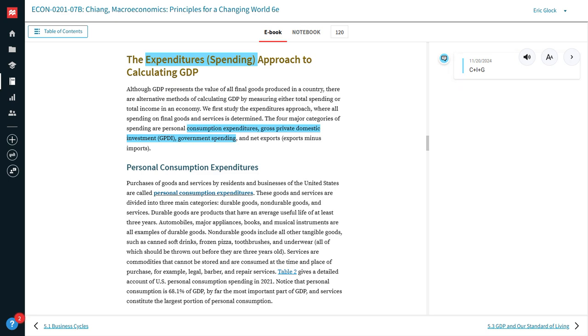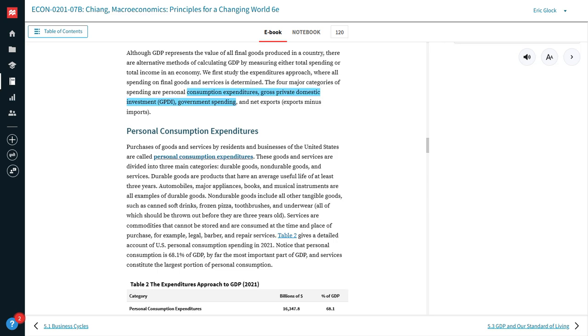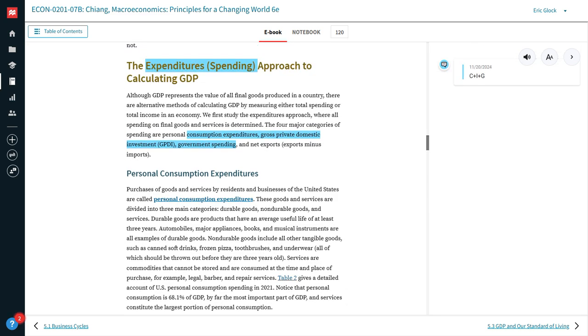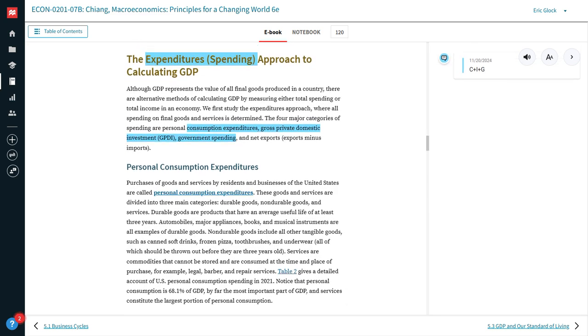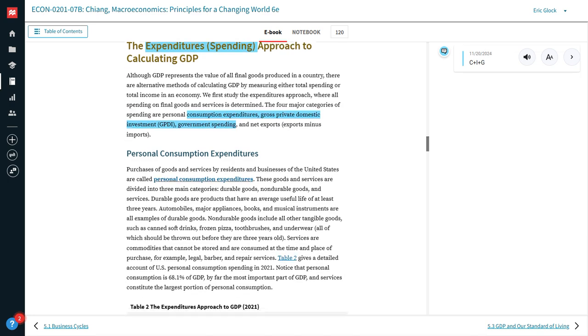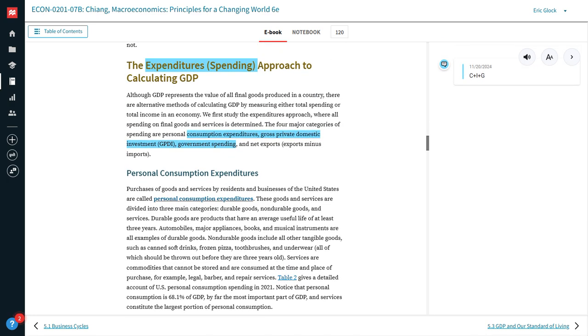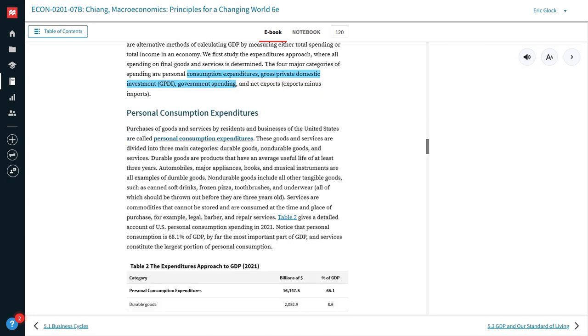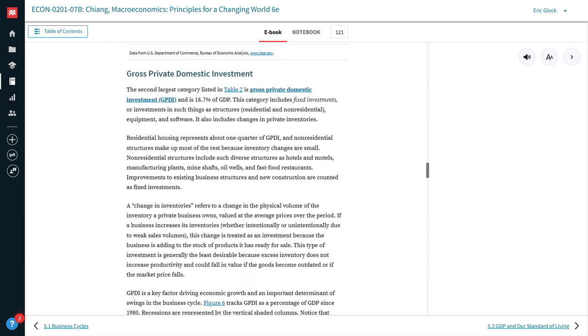So consumption expenditures: finished goods, things you're going to consume. Three categories. I don't really care about that too much. I'm not saying it wouldn't be on a quiz or a test, because it is in the reading, but I'm not going to lecture on it.